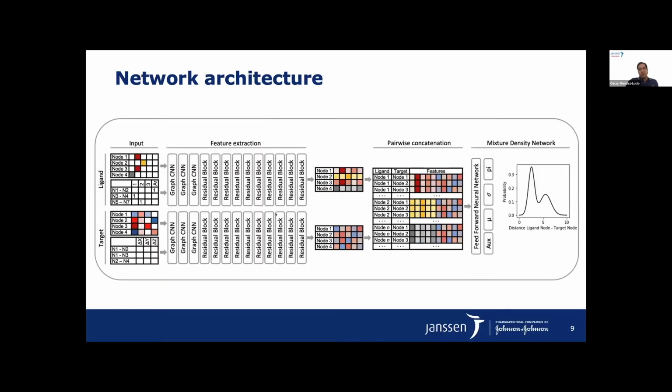Once we have this feature extraction, we can talk about atom environments here, and a portion of the surface in the binding site here. What we do is a pairwise concatenation, so basically every atom environment with every point in the binding site. With this, we finally use it as the input to the mixture density network.